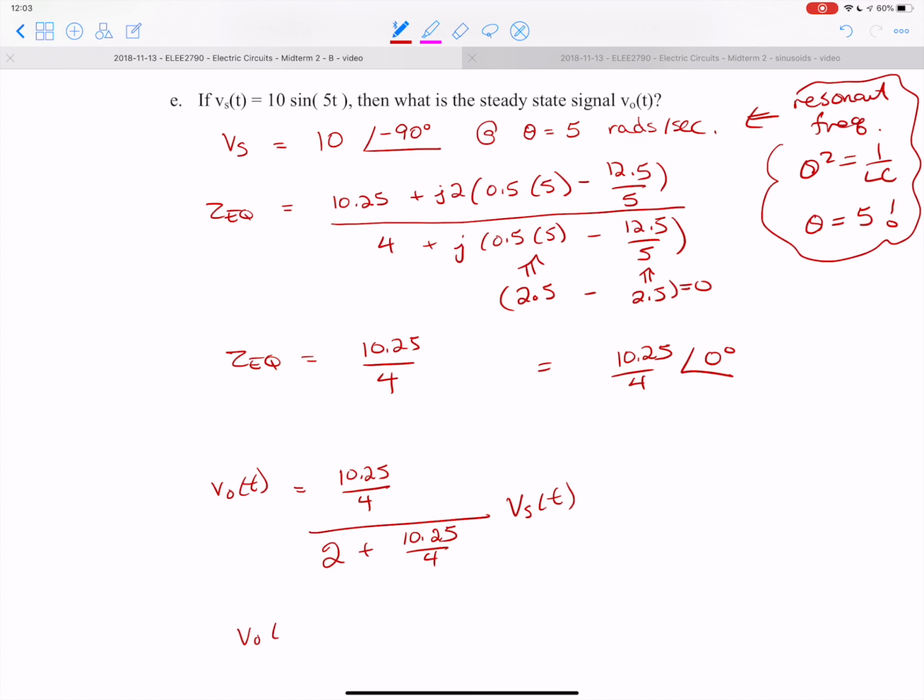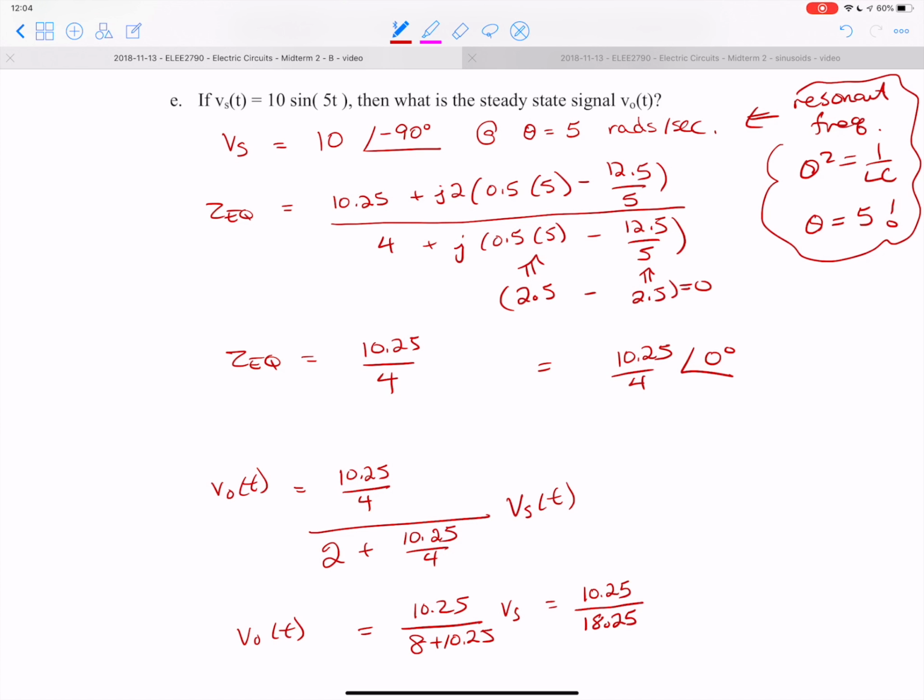V naught of T is equal to 10 1/4 over, so I'm going to multiply both sides by 4 to get rid of that. So 10 1/4 over 8 plus 10 1/4 times Vs, which is just 10.25 divided by 18.25.